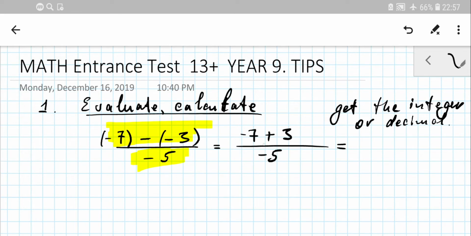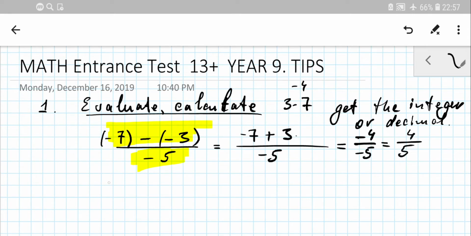All right, so let's calculate -7 plus 3. You're actually doing 3 minus 7, and the answer is -4. So finally, you've got the fraction -4 on top, -5 on the bottom, and you simply cancel the minuses. So you've got 4 over 5.